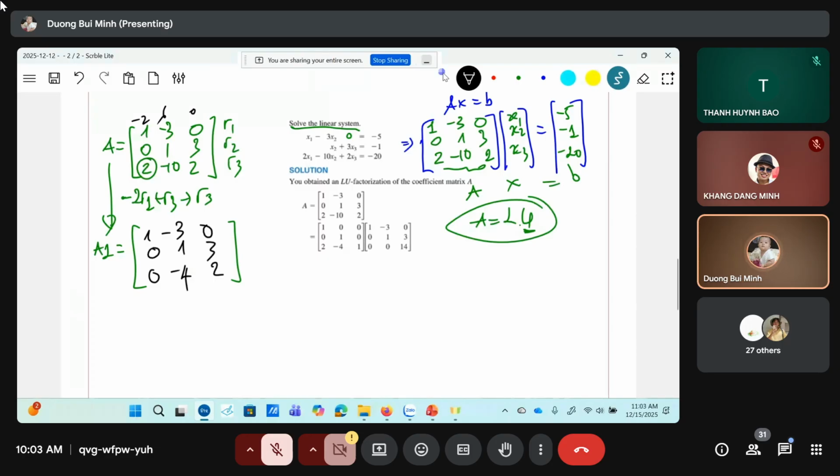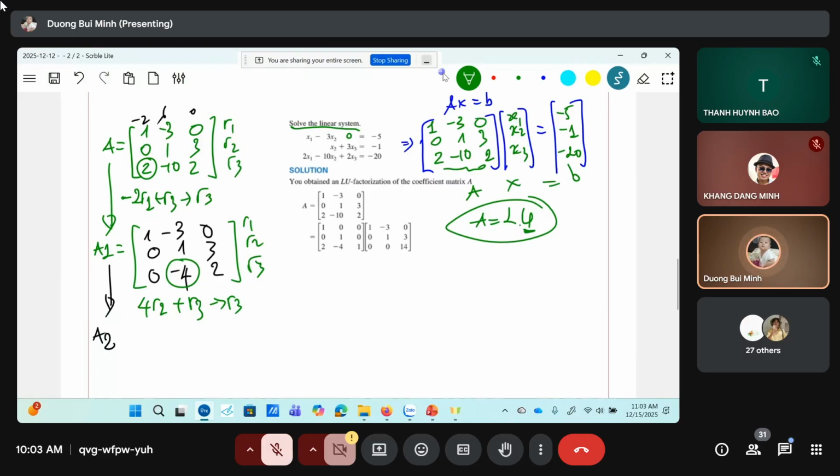Is that correct? I hope so. Okay, so then I would like to modify A1 to become A2. How can we do? Look, I want to modify this one to become 0, and this is R1, R2, R3. So if I time 4 with R2 plus R3 related to R3, I can delete this one.